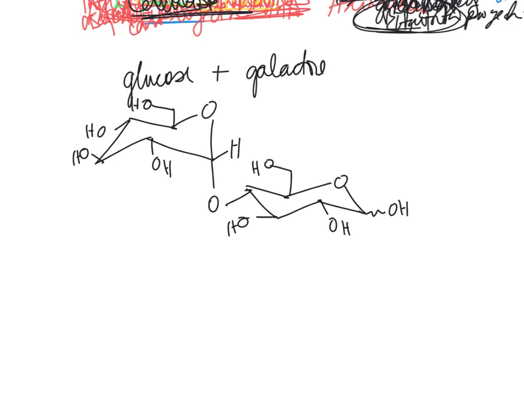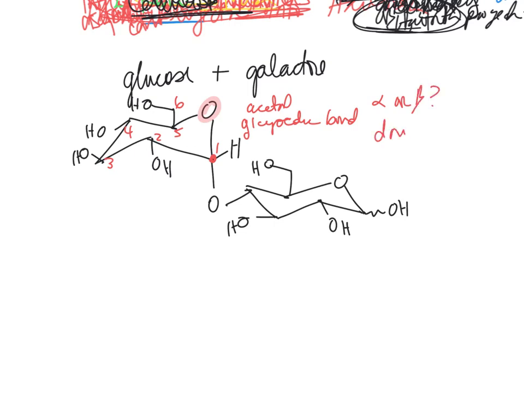All right, so what is this linkage? Well, you find your oxygen and then you number them. 1, 2, 3, 4, 5, 6. And you say, okay, is that acetal, the glycosidic bond, alpha or beta?